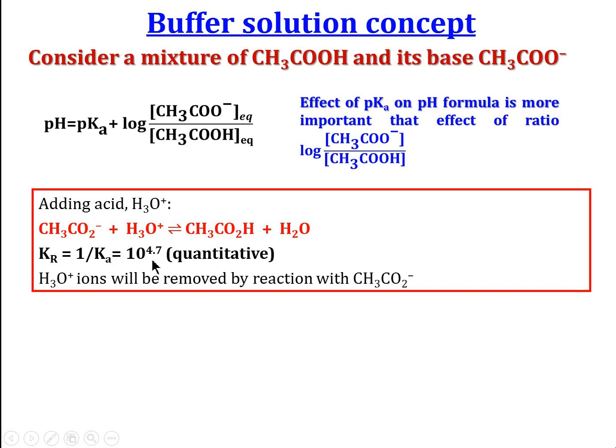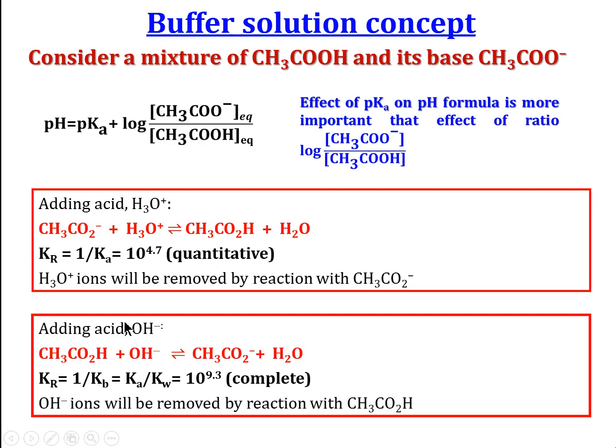Kr is greater than 10 to the power 4, so this reaction is quantitative, and practically the H3O+ added will be removed by reaction with acetate. The concentration of acetate will decrease and that of acetic acid will increase, but the log ratio will not greatly affect the pH, so the pH will be slightly changed.